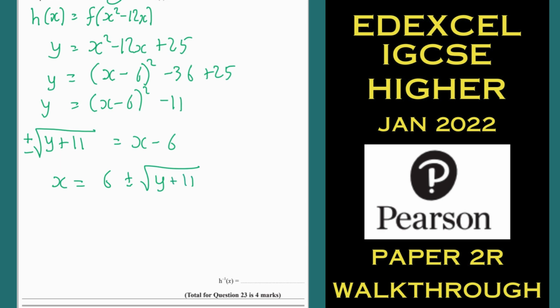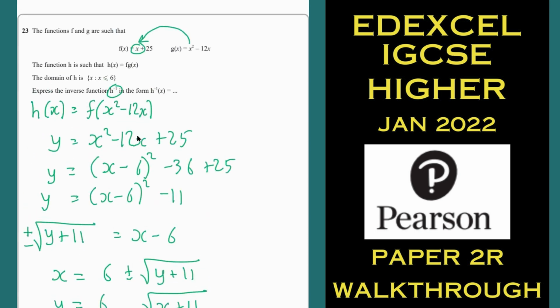And there we go. And I'm sure your teacher will have said, at the end of inverse functions, you simply flip them around. X becomes y, y becomes x. Y plus 11. What am I doing? X plus 11.